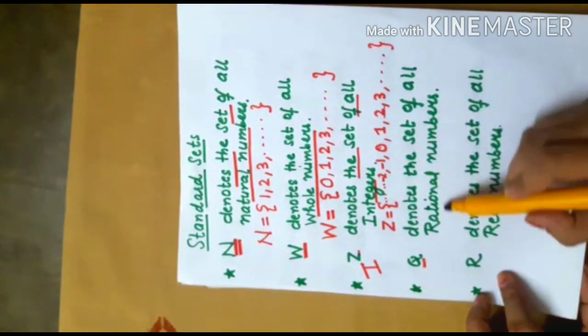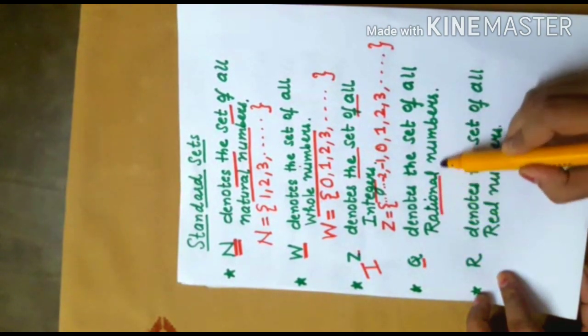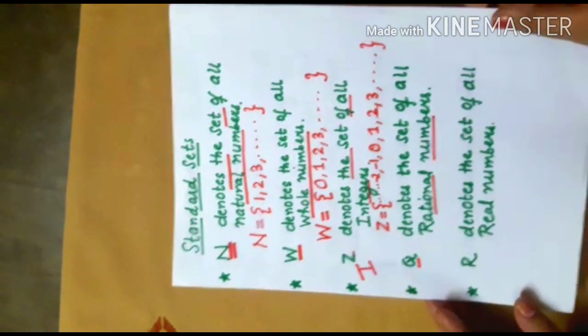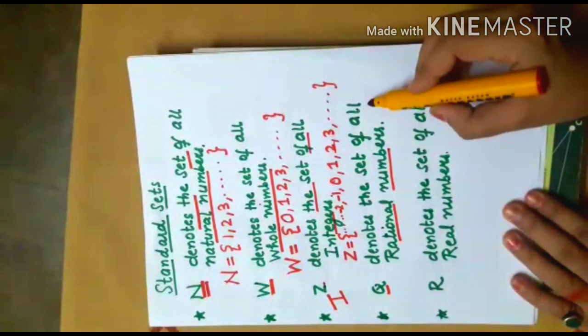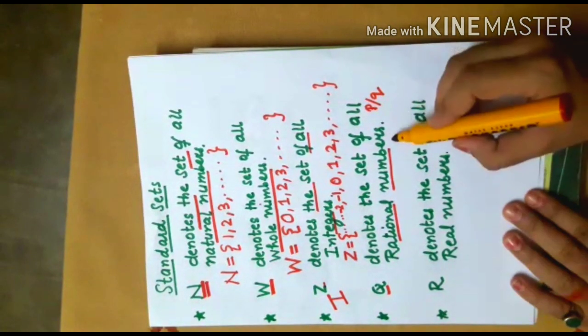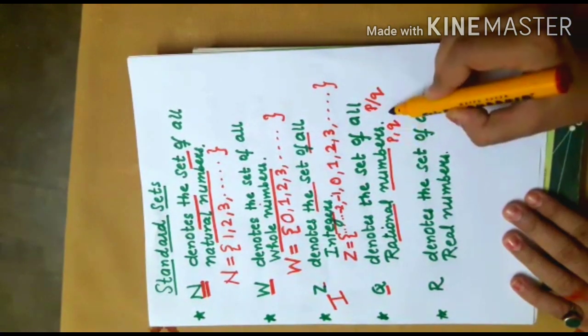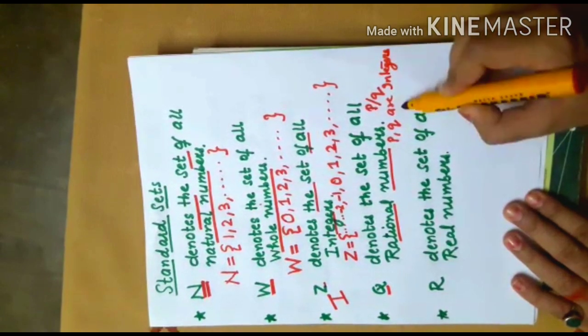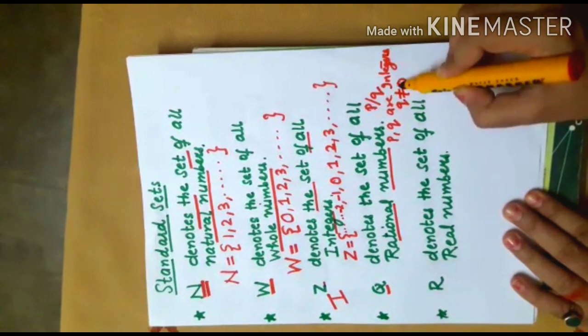Q denotes the set of all rational numbers. And you know that rational numbers are the numbers which are in the form of p by q, where p and q are integers and q is not equal to 0.